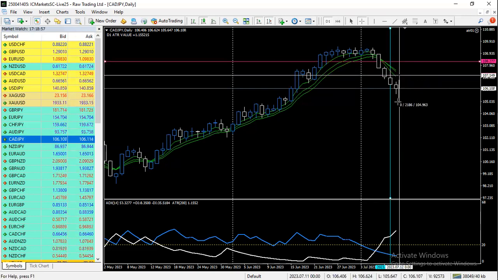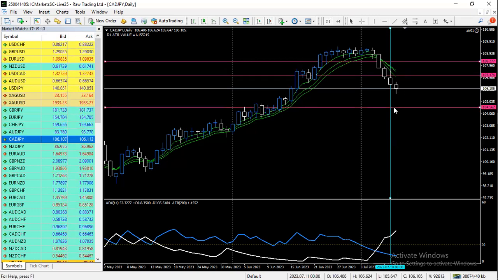So if it's 115, then I move down 230 pips. For 230 pips, I'll come down to 104.84.